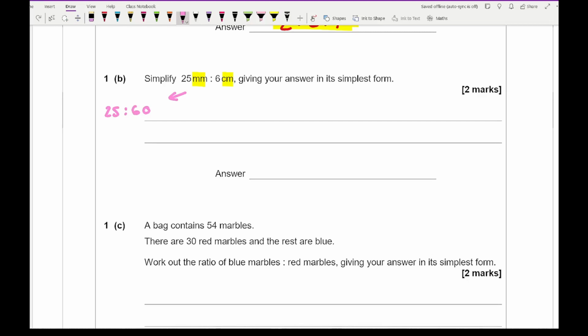If I divide both by 5, I get 5 to 12, and there's an answer. Or I could convert them both into centimeters, in which I get 2.5 to 6, in which I can't have decimals, so if I multiply that by 2, I get 5 to 12, and as you can see, I've got the same answer there. So regardless of which method I use, I get an answer of 5 to 12.